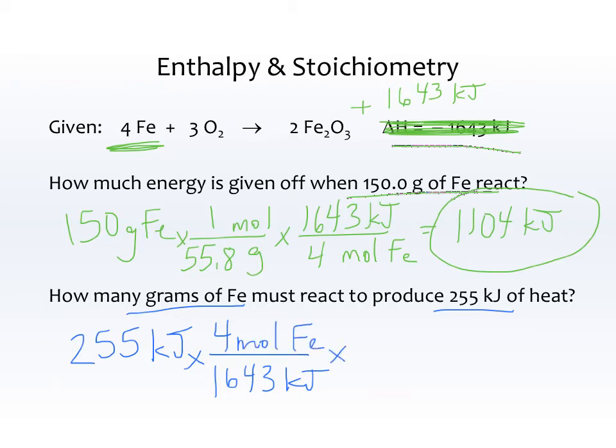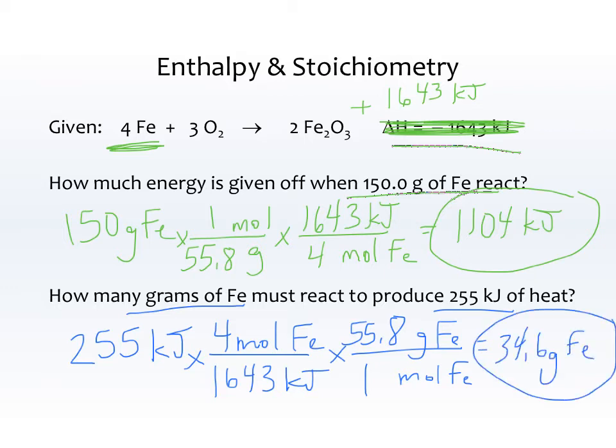That's moles of iron, not grams of iron, so one more step. From moles of iron to grams of iron, based on the periodic table, 55.8 grams is the mass of 1 mole. And then, according to my calculator, 34.6 grams of iron is my answer.